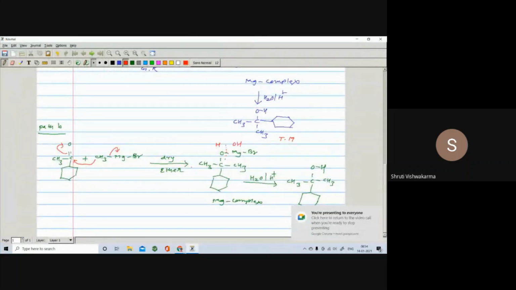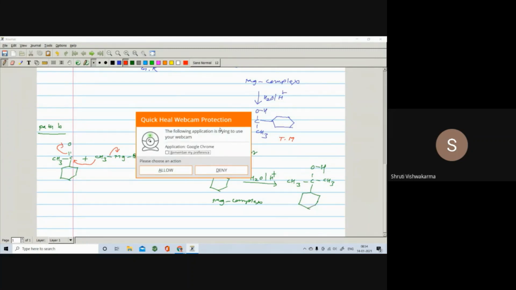Here we have seen the disconnection of alcohol. Now here I will write some of the examples.